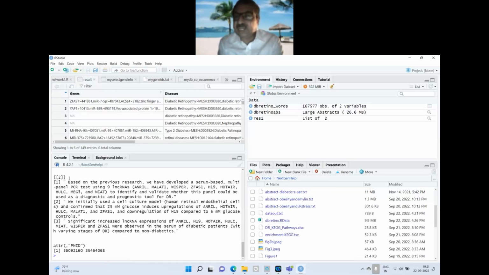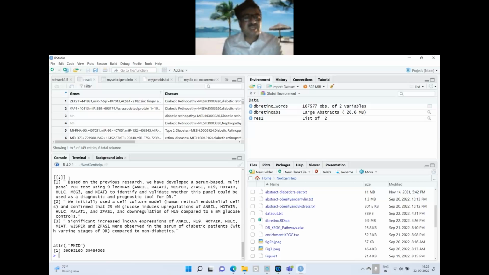And in the serum, that is blood sample, they are doing this multi-panel PCR test.